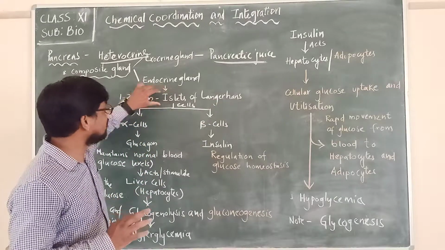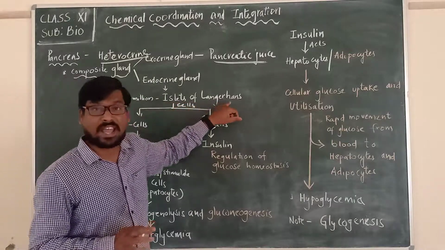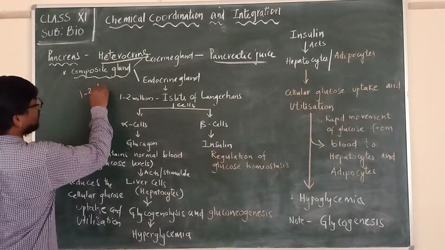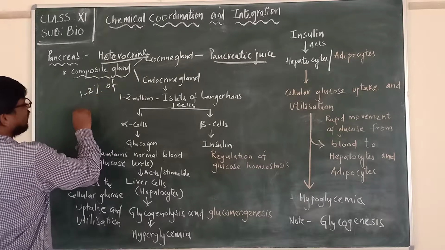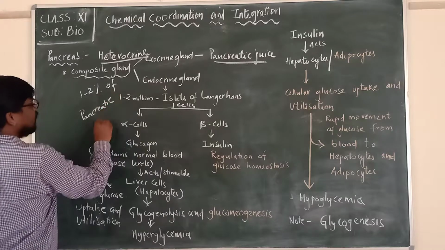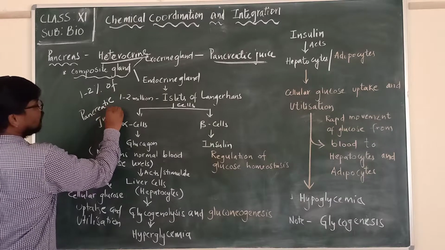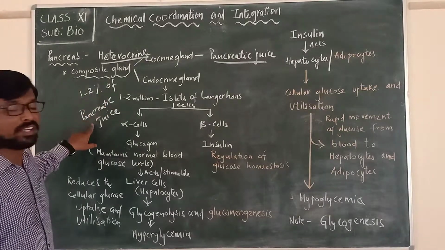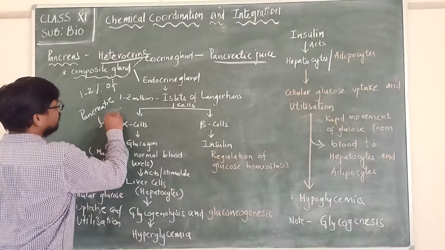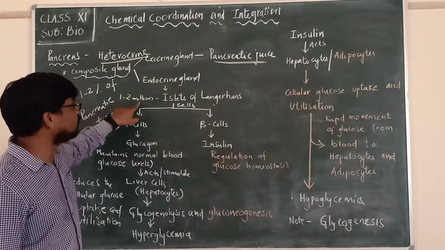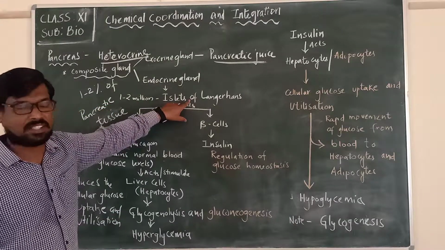Remember, this is just about 1 to 2% of the pancreatic tissue. It is not a huge part of the pancreas, but it contains 1 to 2 million islets of Langerhans.